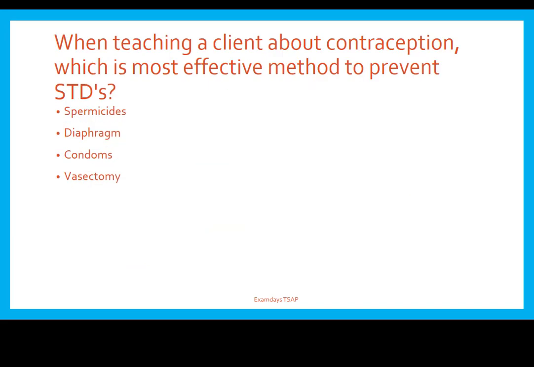When teaching a client about contraception, which is the most effective method to prevent STD? STD means sexually transmitted disease. Options: A. spermicides, B. diaphragm, C. condoms, D. vasectomy.